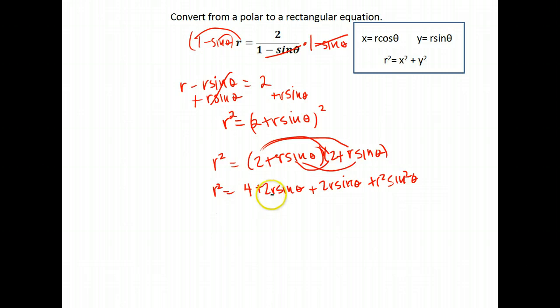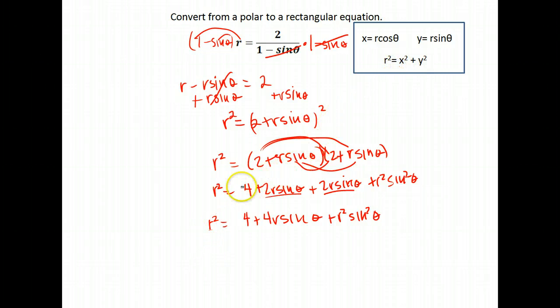All right, so now let's simplify a little bit. Notice I have like terms here. I have a 2r sine theta and a 2r sine theta. That gives me 4 plus 4r sine theta plus r squared sine squared theta. Okay, let's do our substituting. Let's make sure we can. Do we know something for r squared?